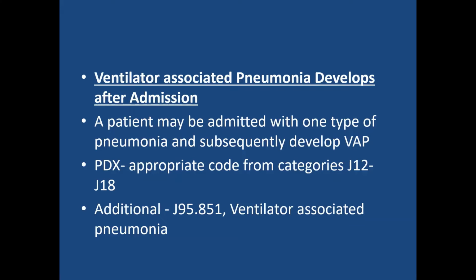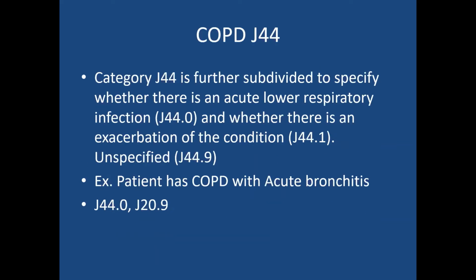COPD, J44. Category J44 is further subdivided to specify whether there is an acute lower respiratory infection, J44.0, and whether there is an exacerbation of the condition, J44.1. Unspecified, J44.9. Example: patient has COPD with acute bronchitis, J44.0, J20.9.